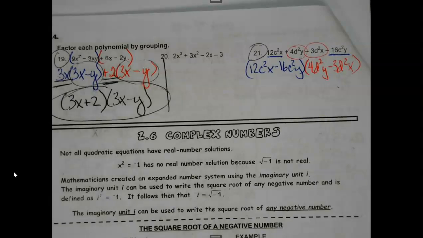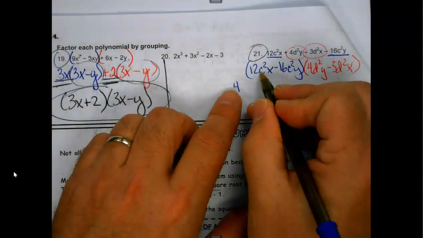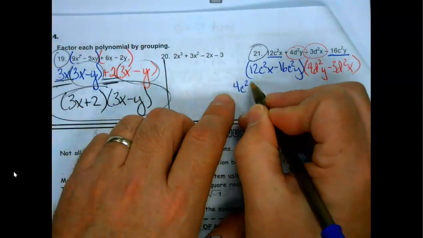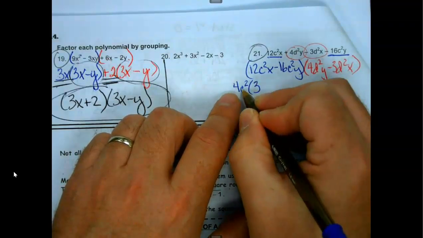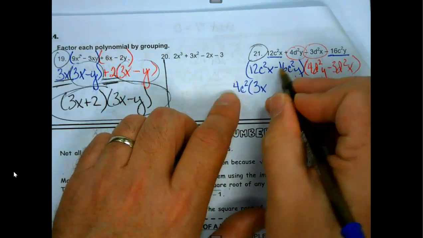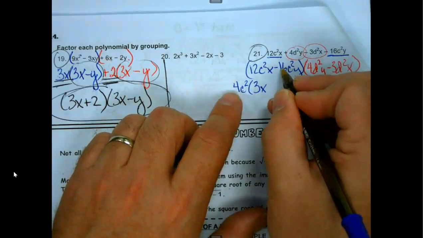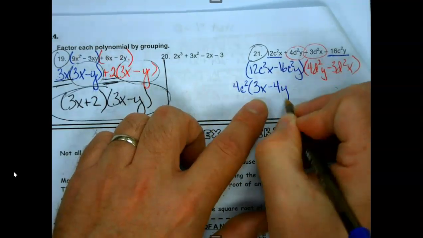Now let's see if we have a little better luck with the common factors this time. So here I can get 4, and they both have c squared. So let's see. 3, I've already got the c squared. I need the x. Here, negative 16 divided by 4 is negative 4. I've already got the c squared.